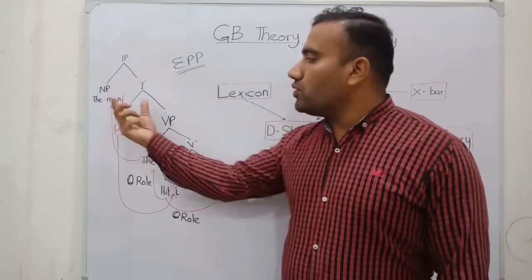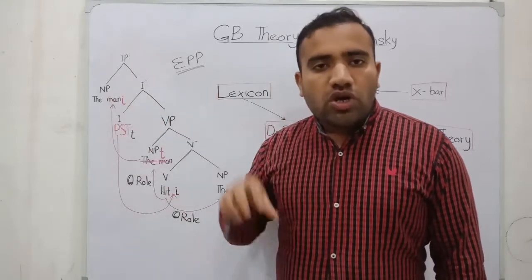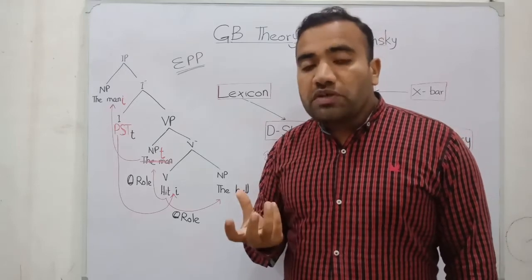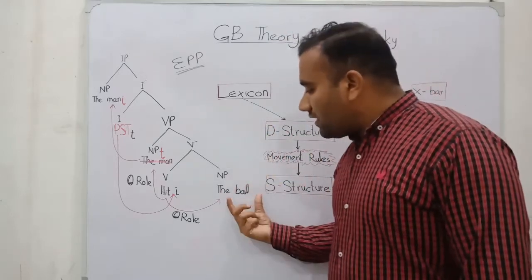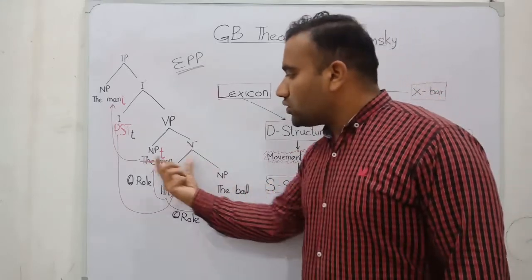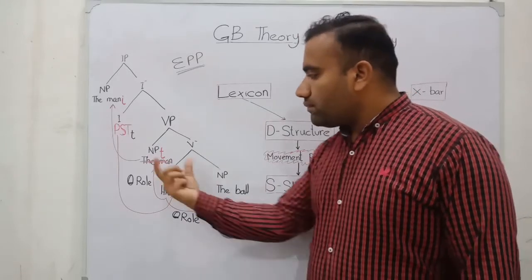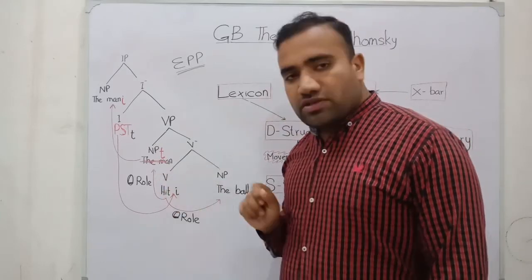But we don't have in the derivation an item that can be placed at this position. What is the solution of this problem? Because in the lower domain, the D structure, we have the two NPs: one is the ball, the second is the man, and we have the hit.